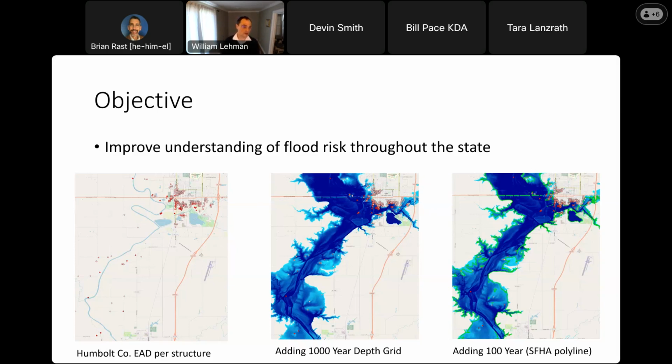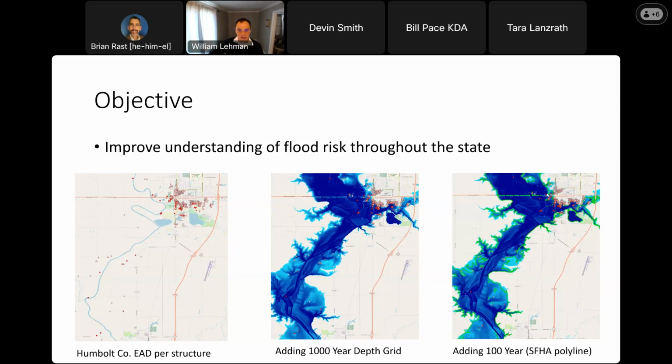You can see here a picture of that, and right off the bat, in this case darker red is larger expected annual damage, and lighter red is less significant expected annual damage. I've added the 100 or 1,000 year depth grid to show why there are structures getting flooded out in this fringe.